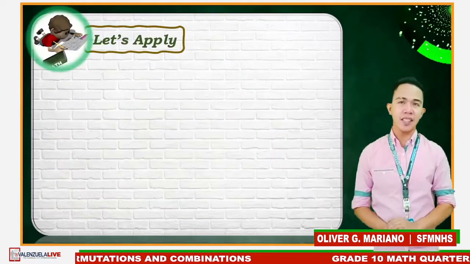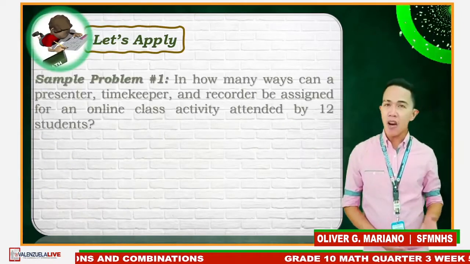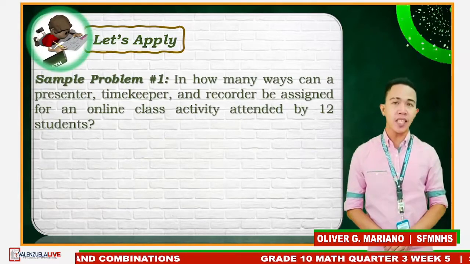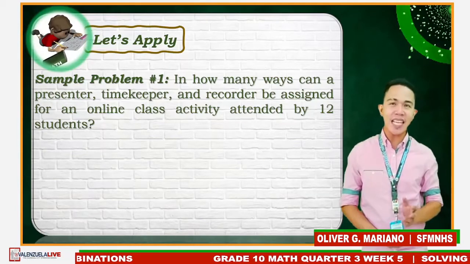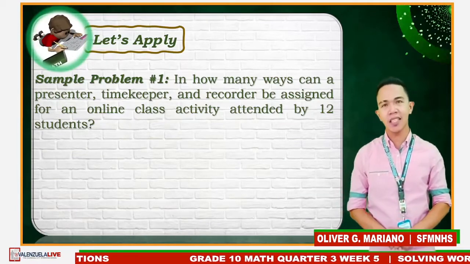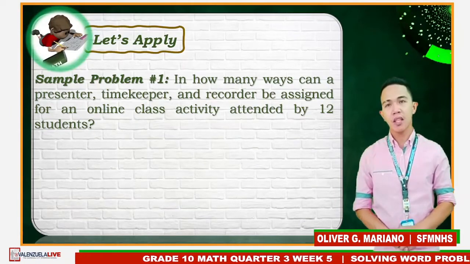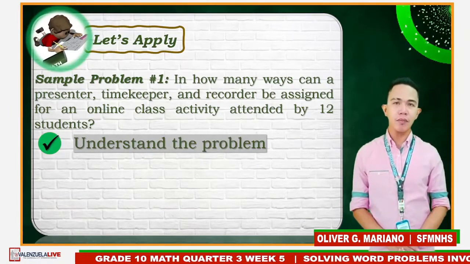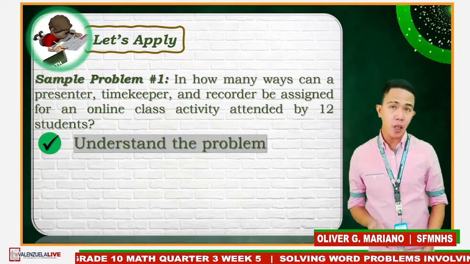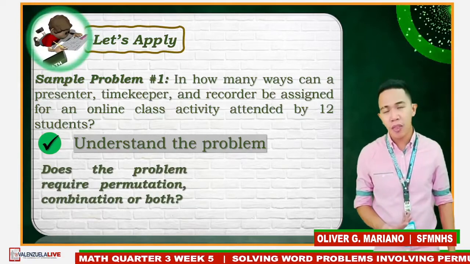Here is sample problem number 1. In how many ways can a presenter, timekeeper, and recorder be assigned for an online class activity attended by 12 students? First, we understand the problem. Does the problem require permutation, combination, or both?